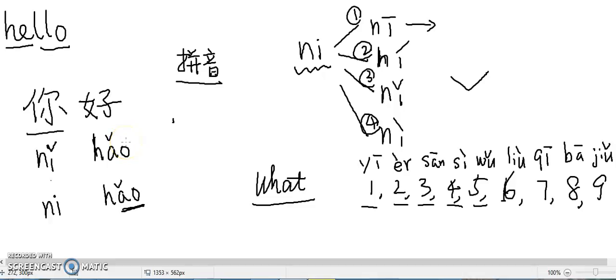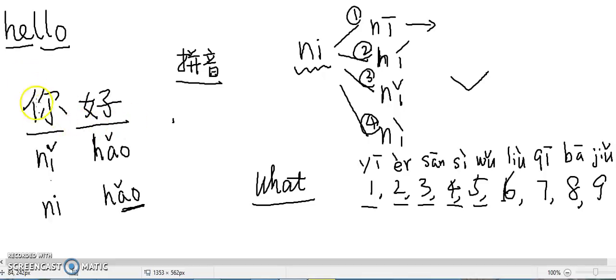Don't say hello, or what. You cannot do that in Chinese. So if you learn ni hao, it's always going to be ni hao. You cannot just change the tone of each character as you want. You cannot do that like in English.